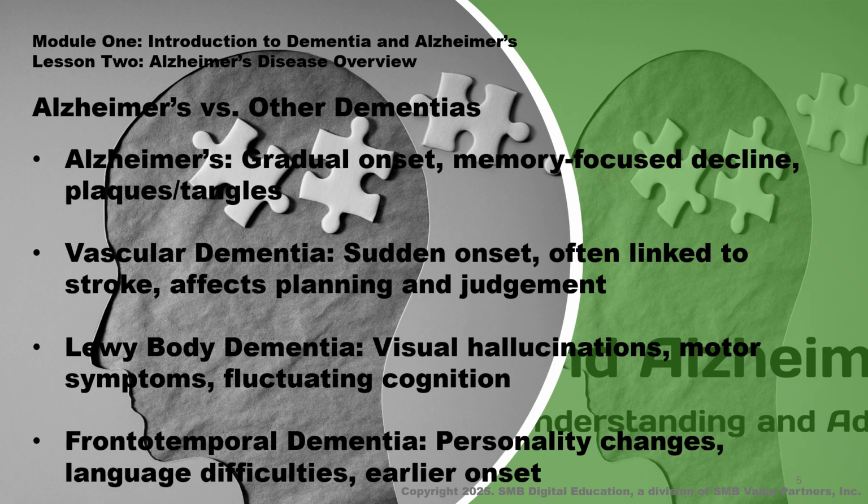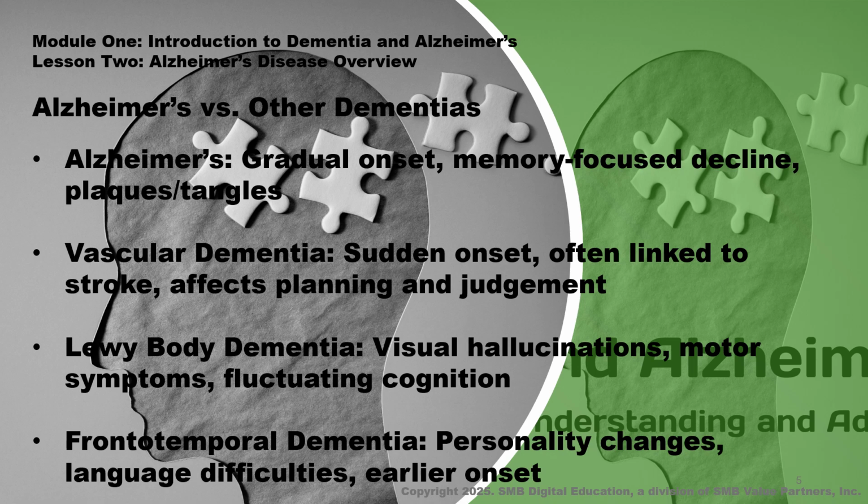In contrast, vascular dementia often starts suddenly after a stroke, affecting planning and judgment. Lewy body dementia involves hallucinations and motor issues like tremors, while frontotemporal dementia, which often strikes younger individuals, impacts personality and language. Understanding these differences helps with accurate diagnosis and care planning.